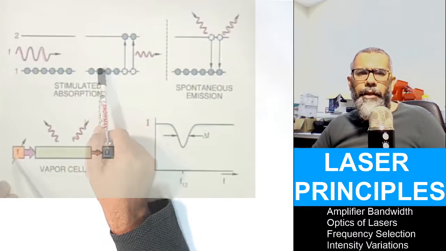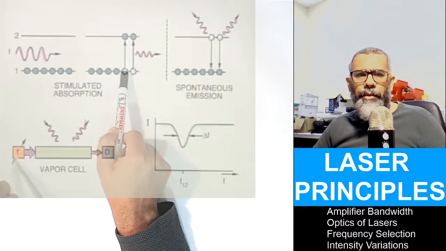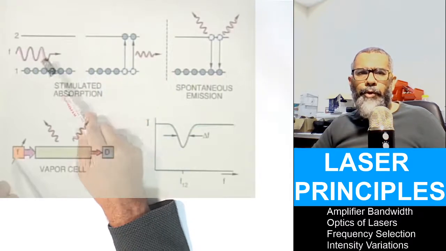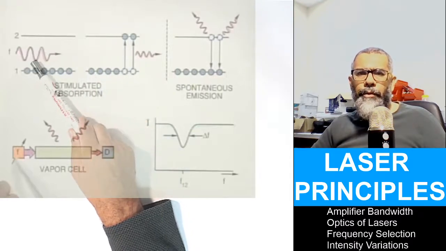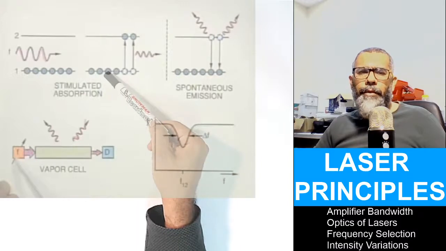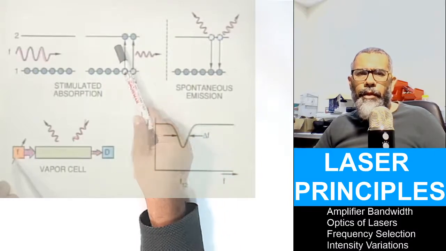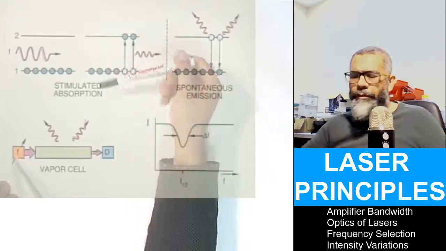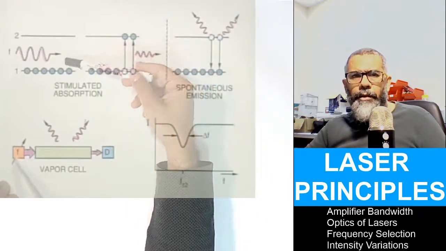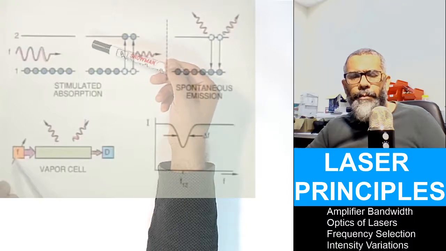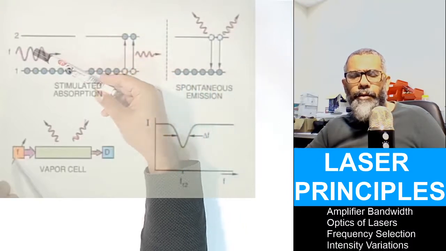Some of the atoms will kick their electrons from the ground state to the excited level, the first excited state, by dropping the amplitude by a certain amount. If more atoms kick their electrons to the upper level, the drop in amplitude will be large.